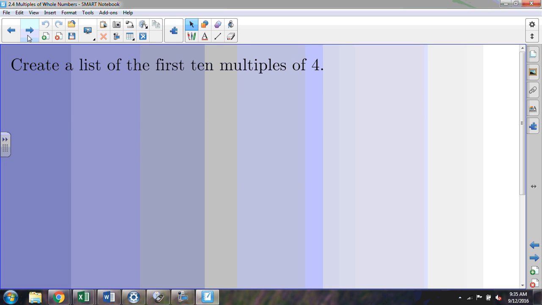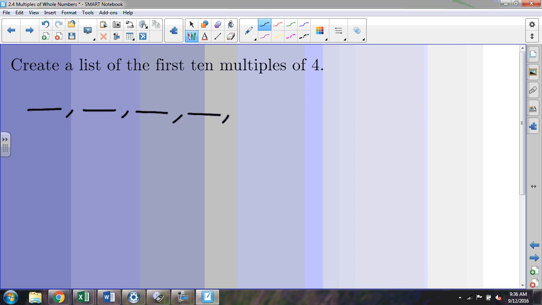And so, our first thing we want to do is to create a list for the first 10 multiples of 4. And so that's telling us that we need to have 10 spots. 1, 2, 3, 4, 5, 6, 7, 8, 9, 10.